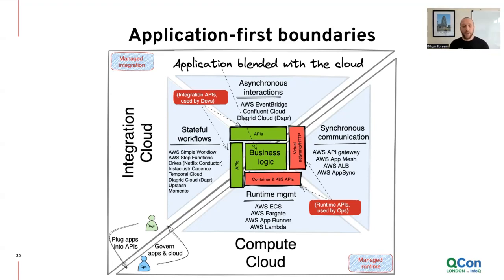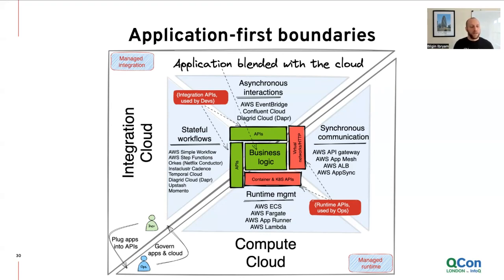In the resulting architecture, the core application logic can be bound to one or more cloud services over compute and integration APIs. Some of these APIs are based on open source projects, and some today are vendor specific.